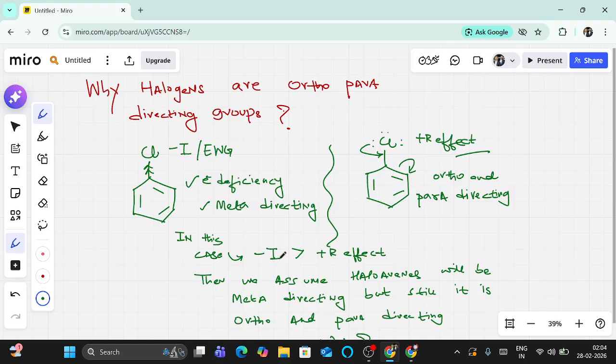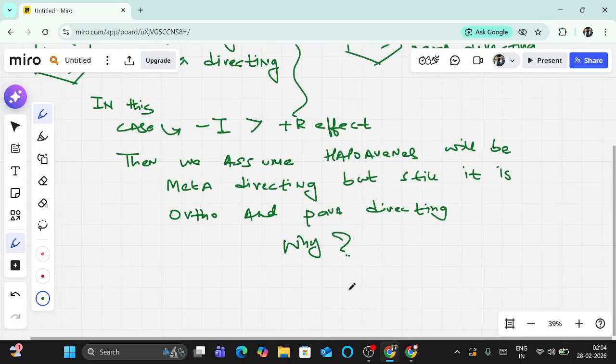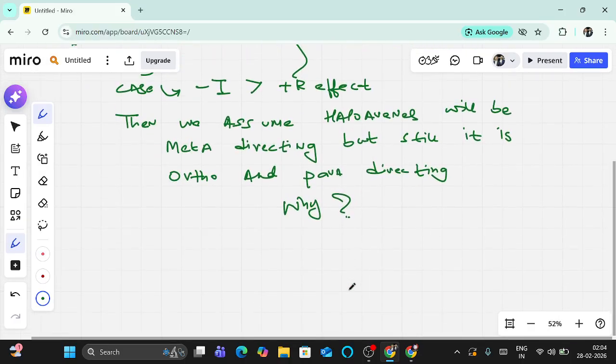Despite the fact that minus I is dominating, halogens still show ortho and para direction, but the question arises: why?